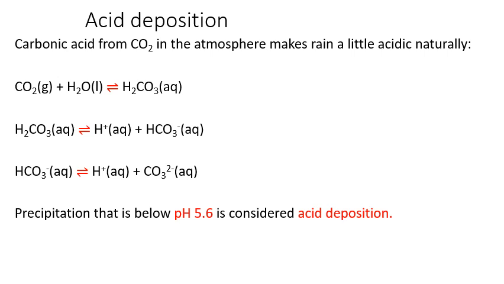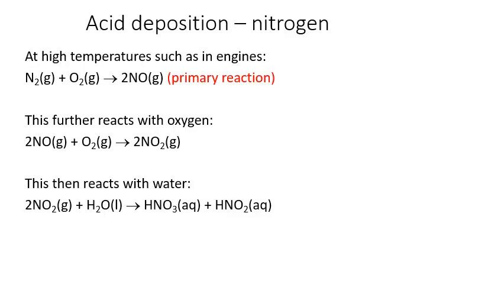The carbonic acid decomposes to form protons and hydrogen carbonate anions, and the hydrogen carbonate anions then dissociate to form protons and carbonate anions. Precipitation or rain that is below pH 5.6 is considered acid deposition, or acid rain, as it's more commonly known.